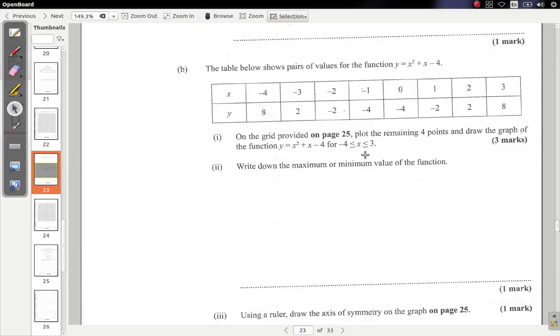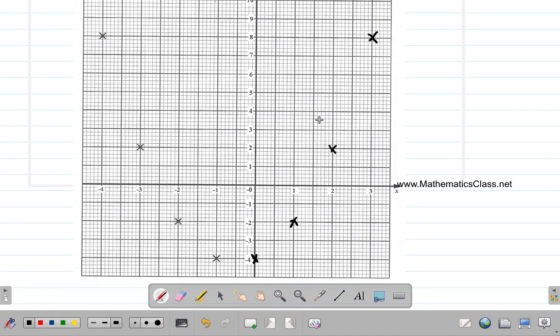Then they say you must draw the graph. Now remember, you mustn't use any straight line. Don't join them with straight lines. If you do so, any kind of straight line, you're wrong.